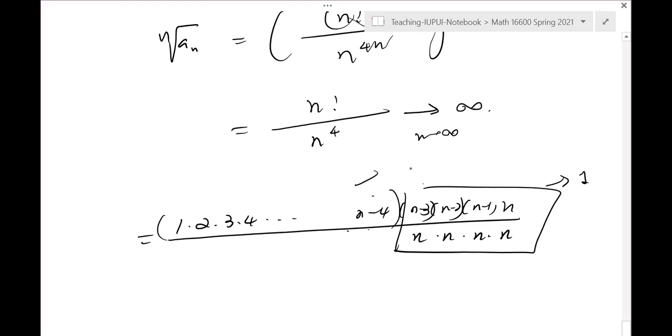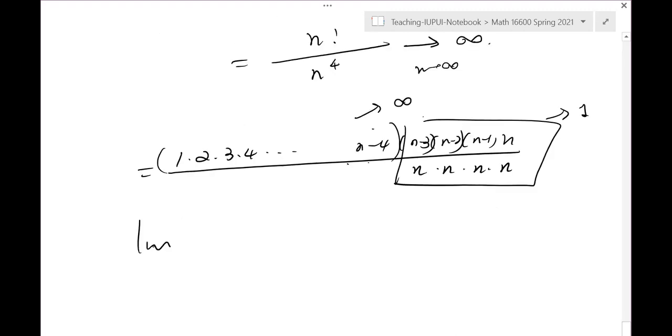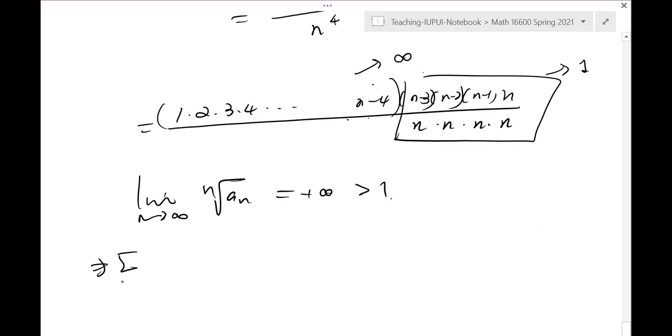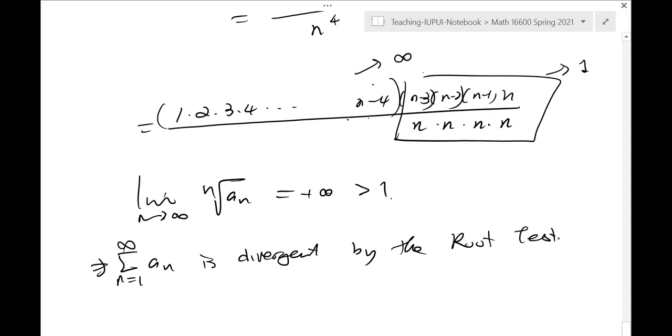Clearly this approaches infinity, so infinity times 1 is infinity. That is the reason. And infinity is greater than 1. Therefore, the series is divergent by the root test.